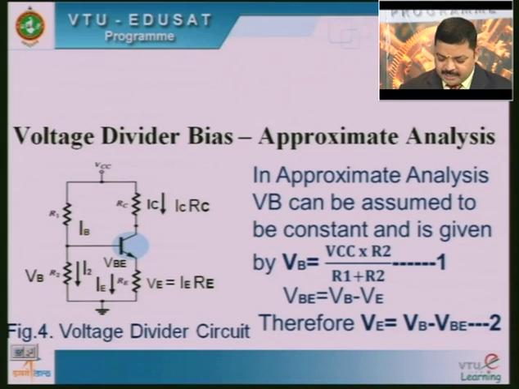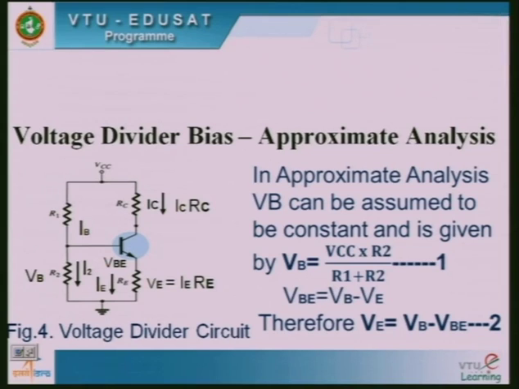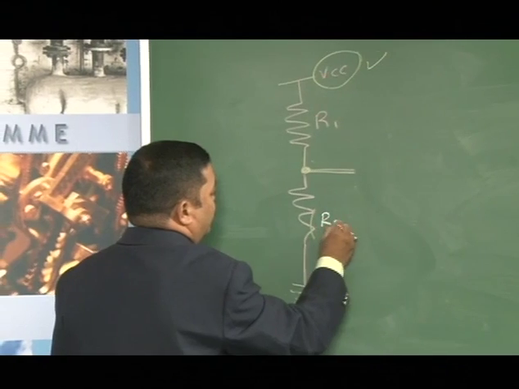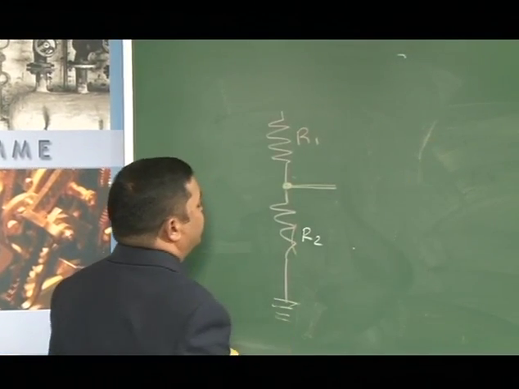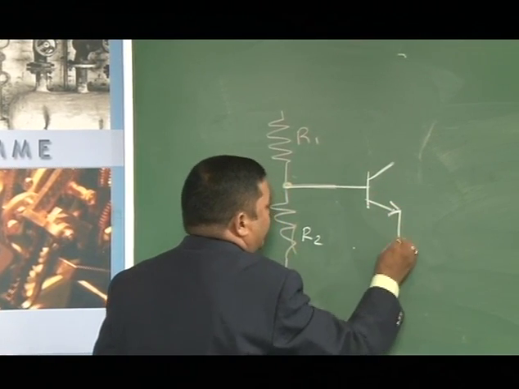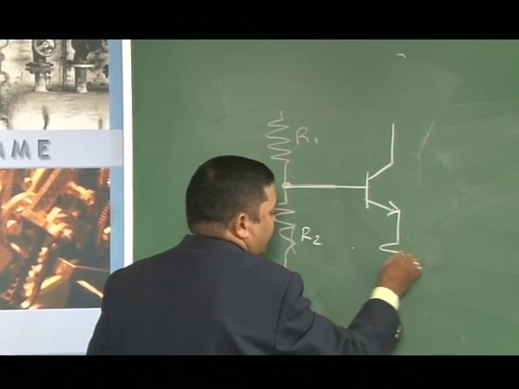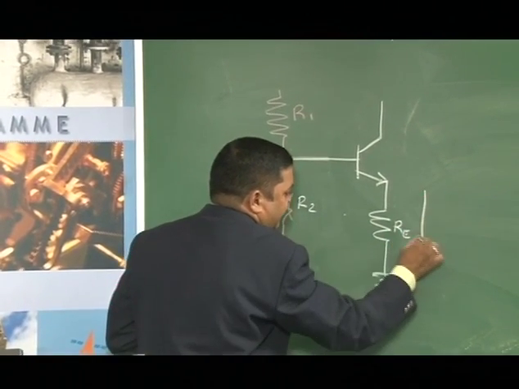So, how does the voltage divider bias circuit look? It looks like this. I will rub off this. This is the same R2, R1, and this VCC I will connect in a different manner now. This is given to the base of the transistor, and there will be an emitter resistor RE through which the current IE is flowing.